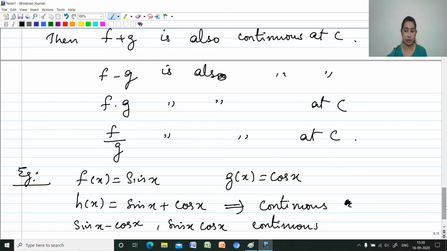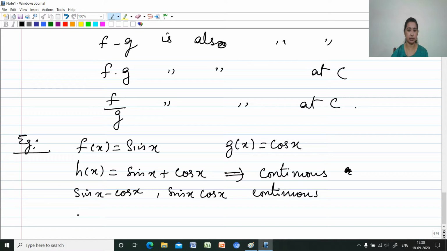What about sin x divided by cos x? What about h of x, if h of x is sin x by cos x, so f of x by g of x? Whether it is continuous or not. So f of x is sin x divided by g of x is cos x. So if 0 is there in the denominator, then we cannot define it. So this is equal to tan x.